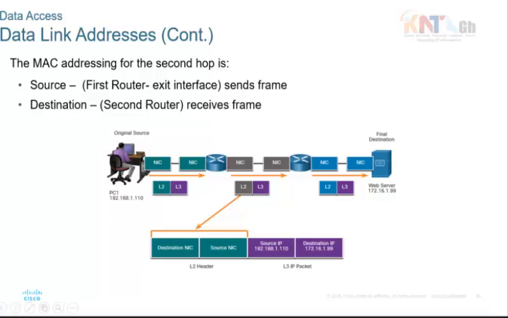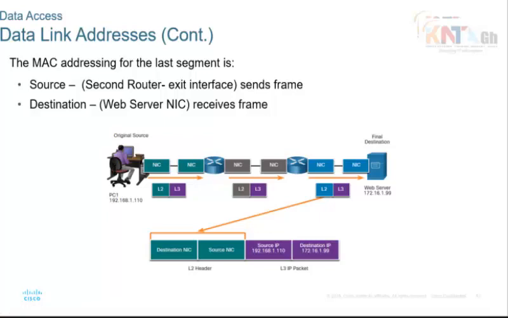So it starts from the local network, and then it moves to the first router, and the default gateway accepts the frame and gives it to its exit port. That will also forward it from its port to the next port of the receiving router, which is the second router.